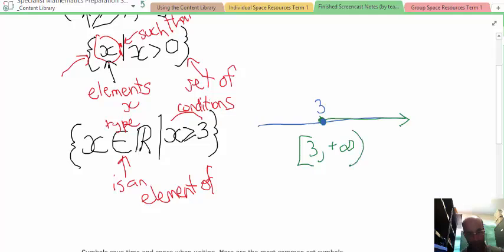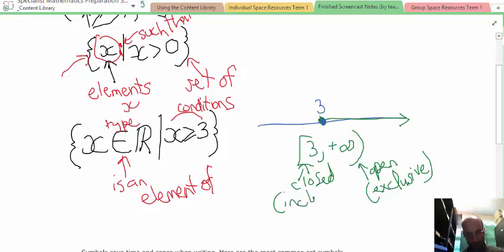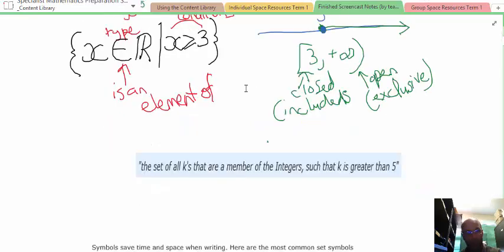When we have a square bracket, that means it's closed at that end, and open at the other end, or in other words, exclusive because you can't reach infinity. It excludes infinity, excludes that number there and includes that number there. So these things are all the same information presented differently.